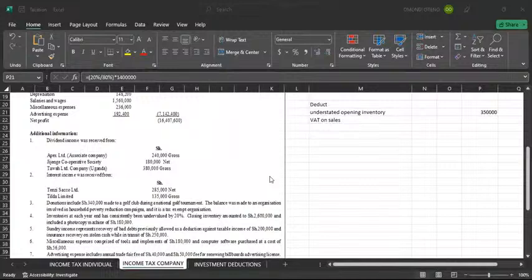If you undervalue closing stock, in the next financial year that closing stock becomes the opening stock. So do we have any information related to the opening stock?